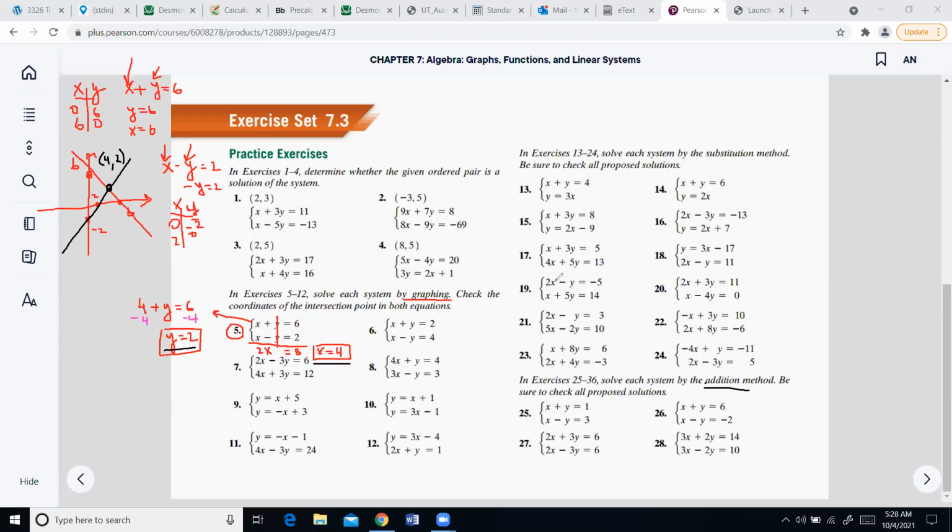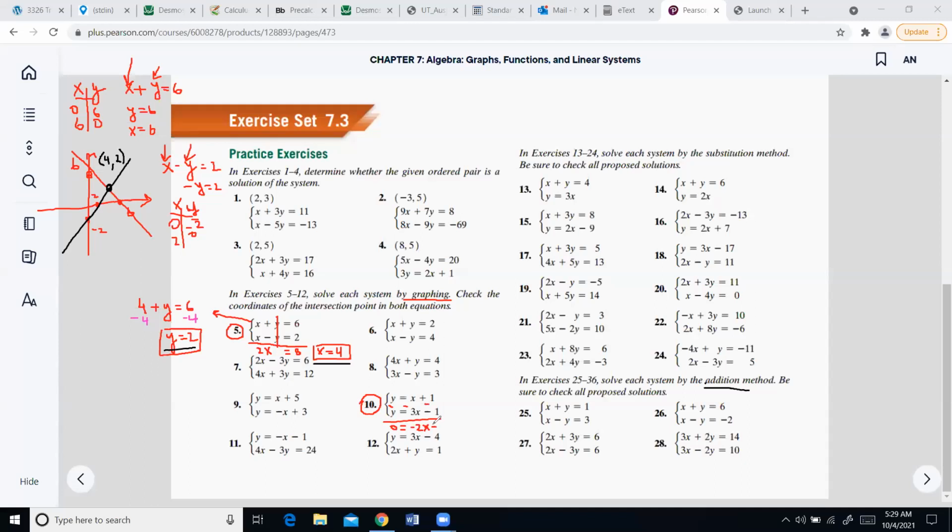Well, sometimes we saw that instead of adding, we subtract equations, like in exercise 10. I noticed that subtraction would be a better way to go, because when I subtract y and y, they cancel, and I'm just going to get x here. So when I subtract x and 3x, I get negative 2x, right? And when I also subtract negative 1, it's going to be a positive 1.